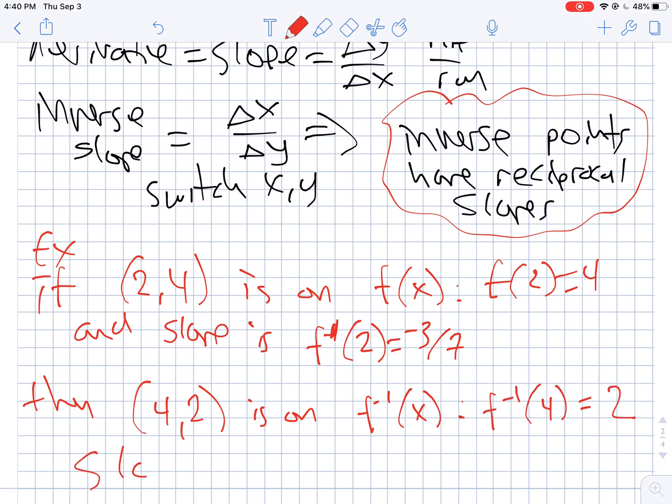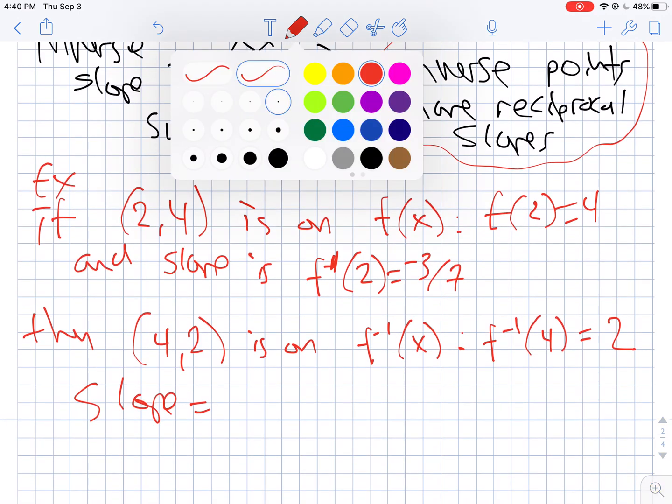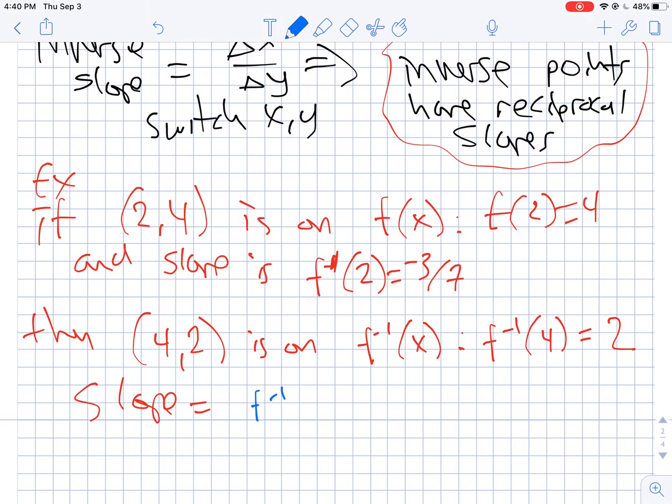That means the slope, which we write like this, it's a little confusing notation, the derivative of the inverse at 4 is equal to negative 7 divided by 3. So it's just a reciprocal slope. The sign stays the same, we just flip the fraction.